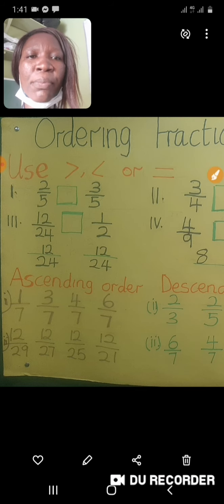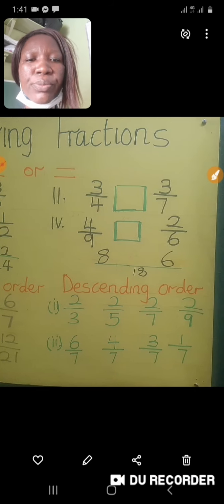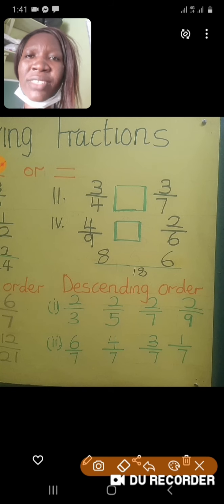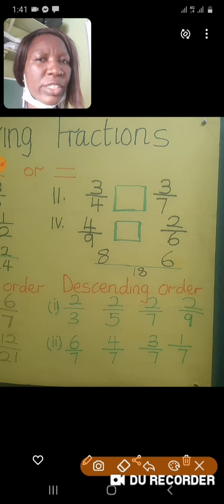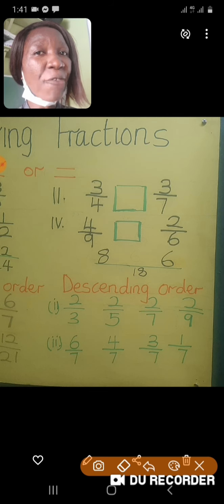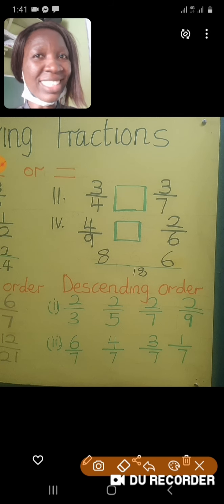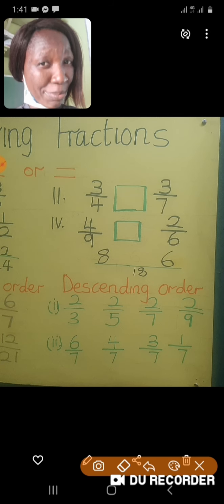The next example, we have 3 out of 4 and 3 out of 7. What do you notice in that question? The numerators are the same. And I told you that whenever the numerators are the same, the bigger denominator is the smaller one, right? Do you remember?